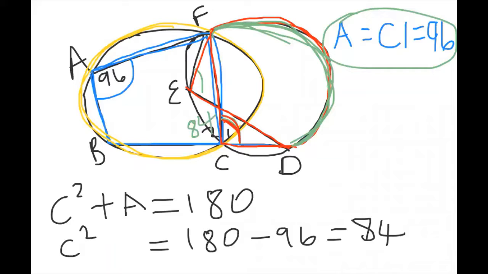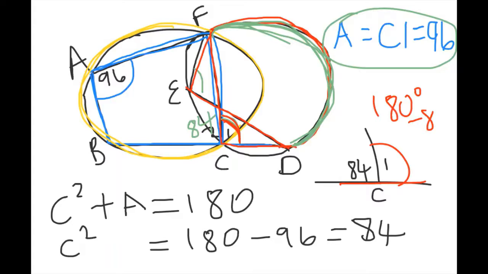Then you could have used the straight line, because there you have the 84, which is C2, and C1 would have been this part over here. You can use a straight line to determine this, which would have been 180 minus 84, and that gives you 96. So 180 minus 84 is 96. That's just showing you 2 different ways of getting to the answer.